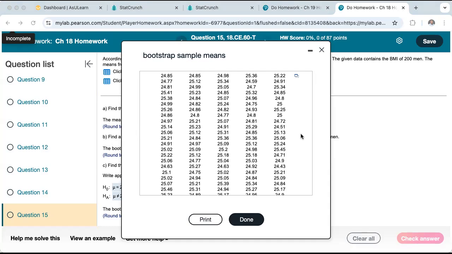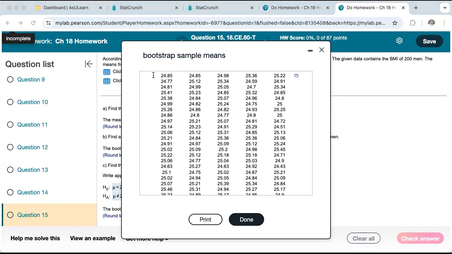I click on build. You see the column name is var1. We subtract the sample mean, so minus 25.08, and then plus 24.9. You subtract the sample mean first, then we add the mu naught to it.